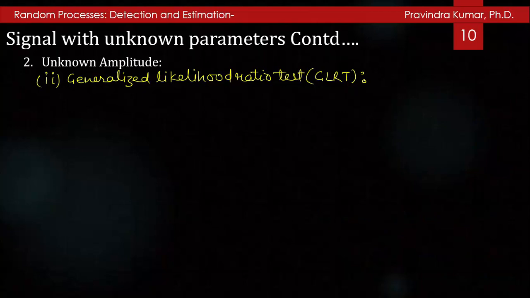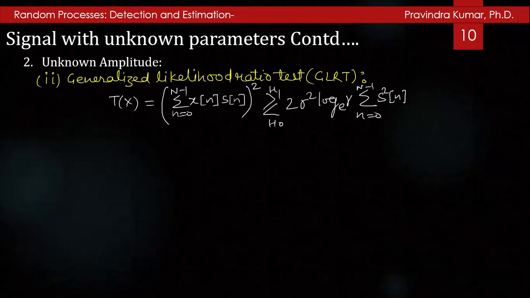So now the test statistic is the square of summation n=0 to N-1 x[n]s[n], greater than or less than 2 sigma squared log gamma times summation n=0 to N-1 s squared[n].